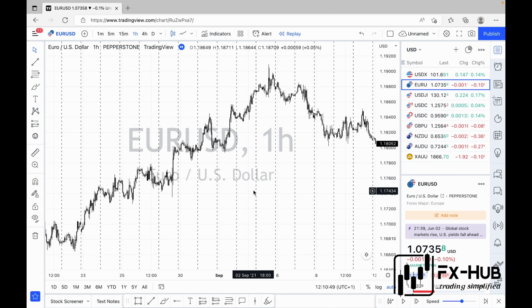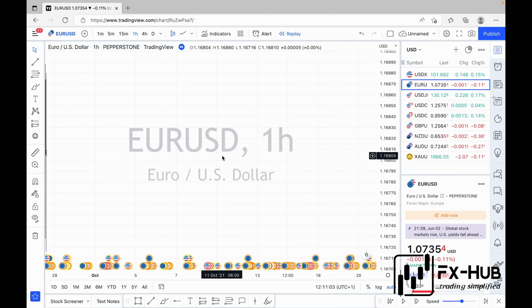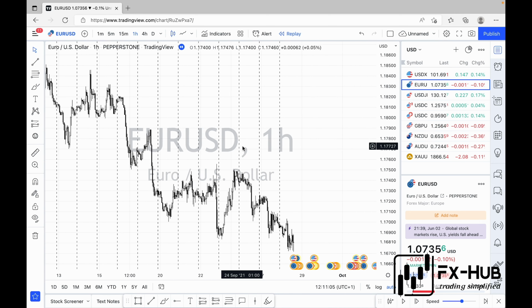So let's look at something. Now, a very good way to spot when the change of character or change of trend happened in the market is to move your chart to a line chart. It really helps. Now, why do I prefer the line chart?